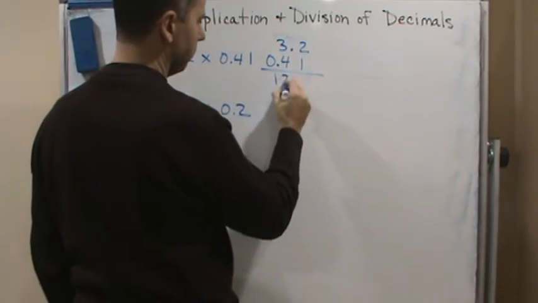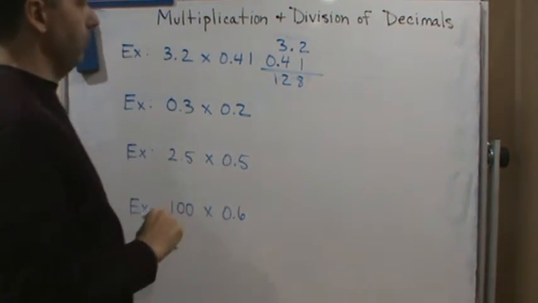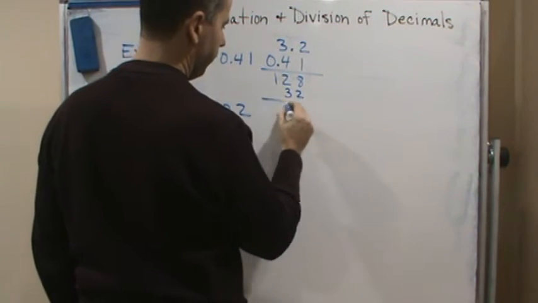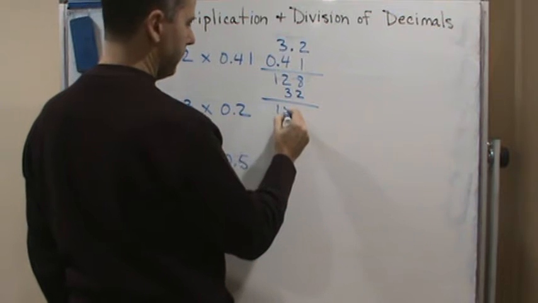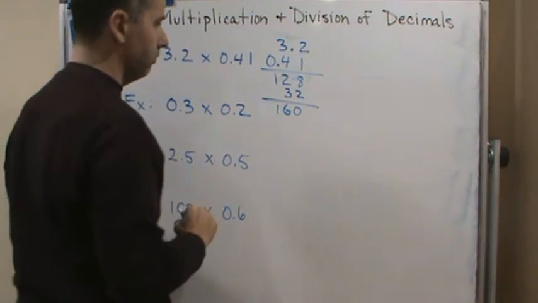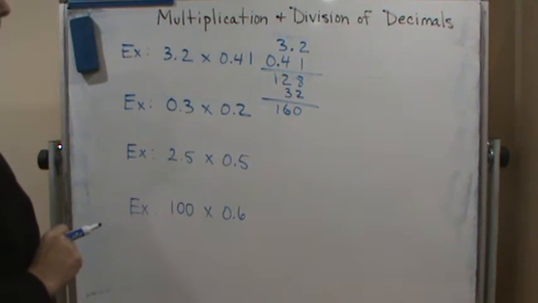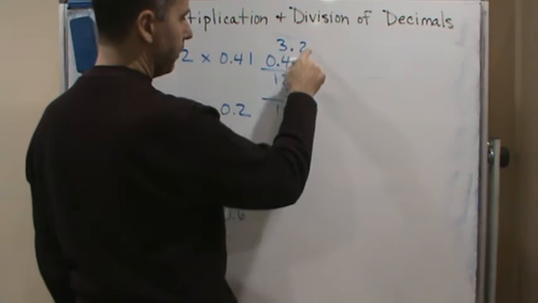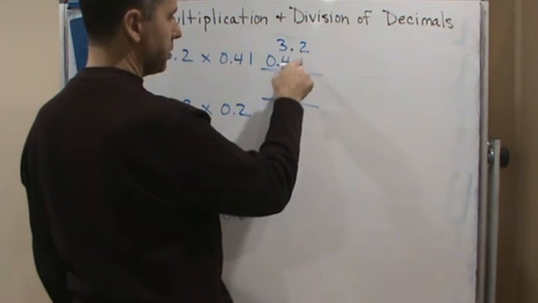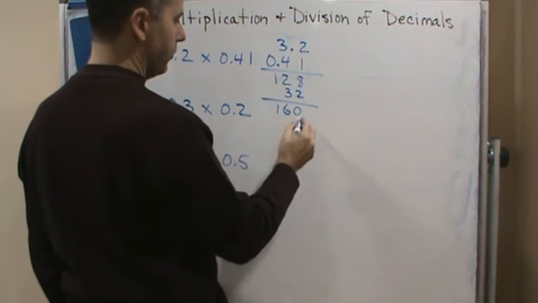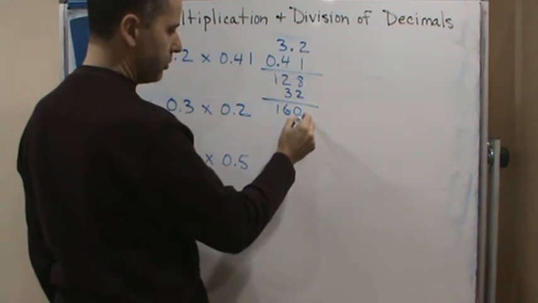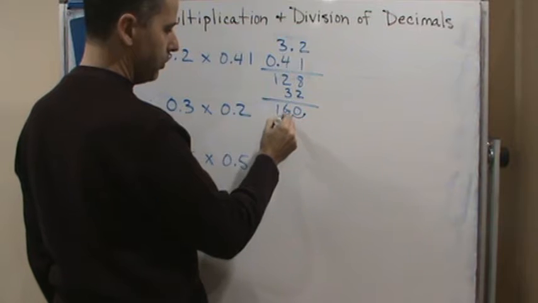128. Right? And then 1 times 32 is just 32. And so I get 160. Right? And now what happens? Now I'm going to count the number of digits to the right of the decimals. 1, 2, 3. So now my decimal point is there, and I'm going to move 3 units to the left. 1, 2, 3.